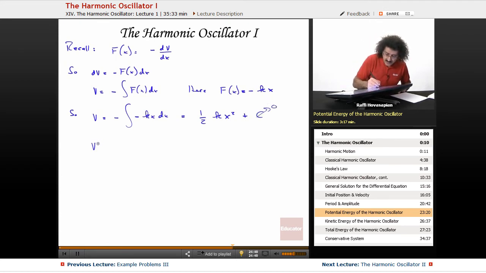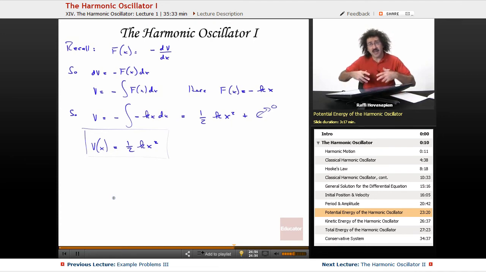So what we get is that the potential energy stored when I stretch the spring or compress the spring is equal to 1/2 kx squared. Very, very important. That's the potential energy of a mass spring system.